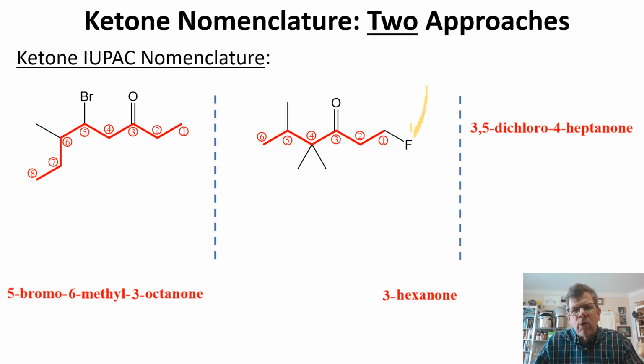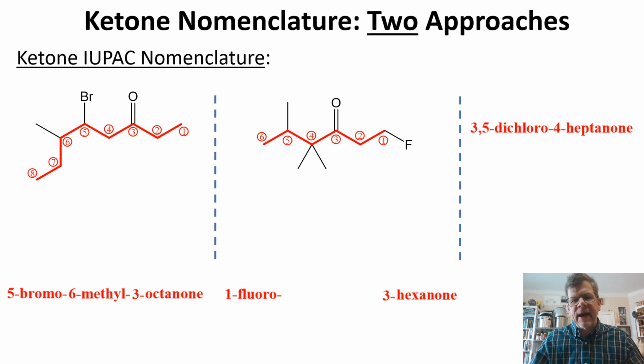And finally, we have a bunch of substituents here. There's a fluoro group and a whole bunch of methyl groups, 1-carbon methyl groups, 3 of them, in fact. So the fluoro is going to be coming first because F in fluoro comes before M in trimethyl. And that happens to be at the 1 position, that fluoro group. So we're going to bring in 1-fluoro.